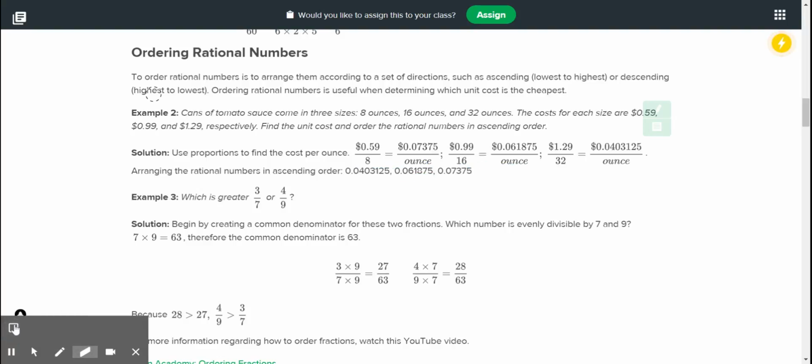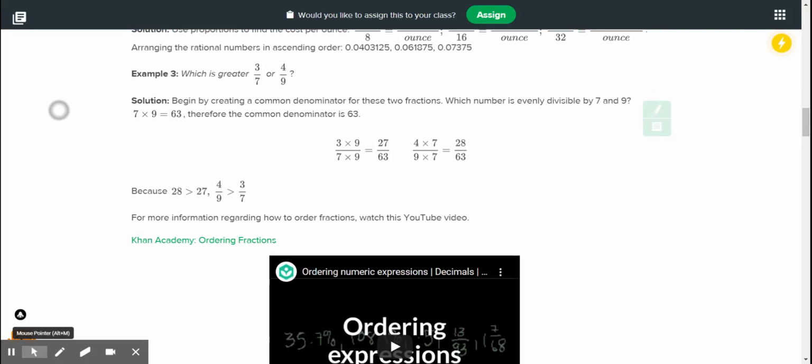And in example 3, we are trying to figure out which is greater. Is 3/7 greater or is 4/9 greater? So to figure this out, we're going to begin by creating a common denominator for these two fractions. Which number is evenly divisible by 7 and 9?